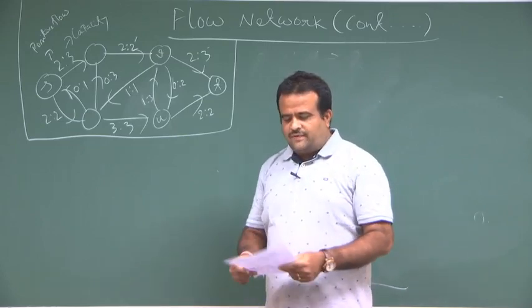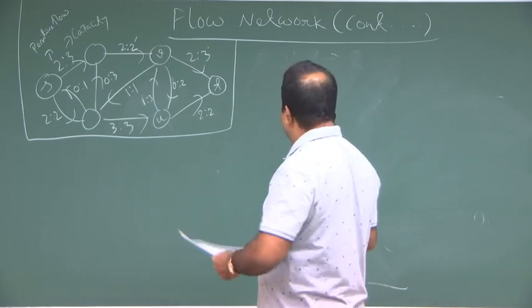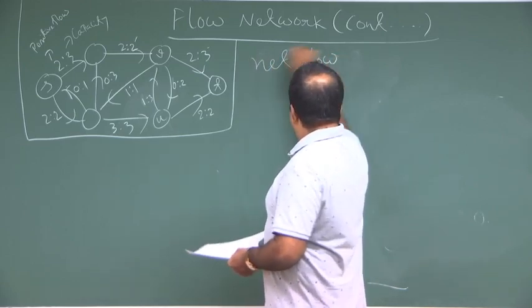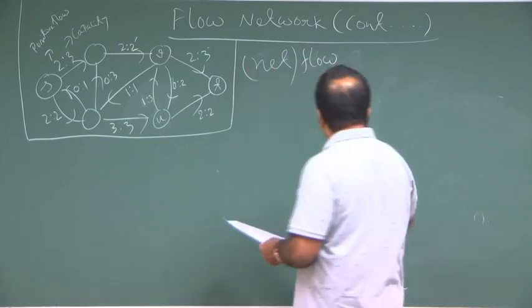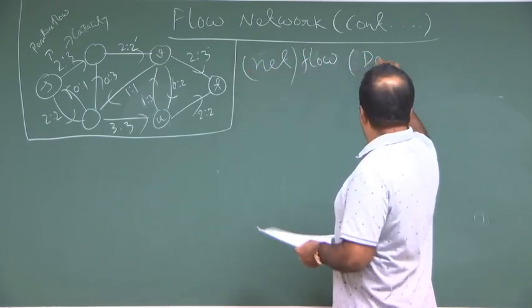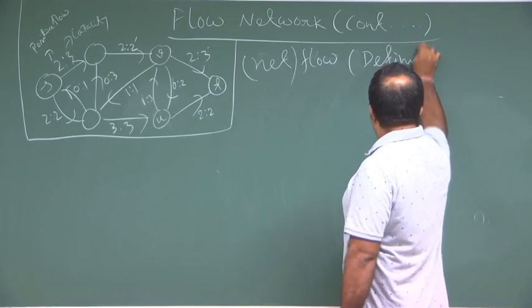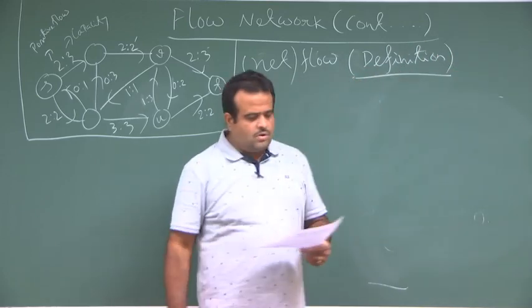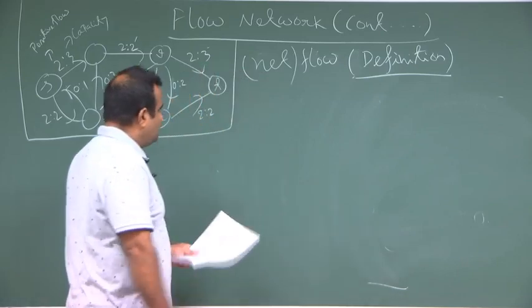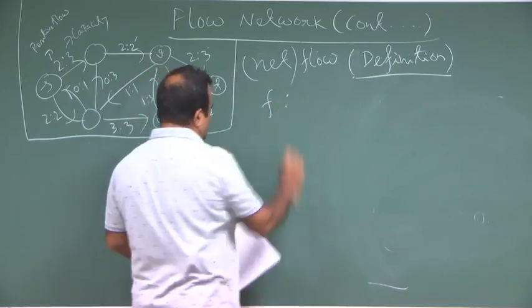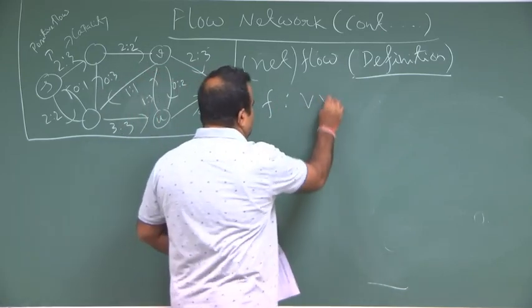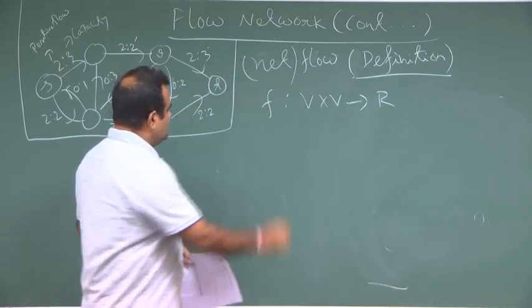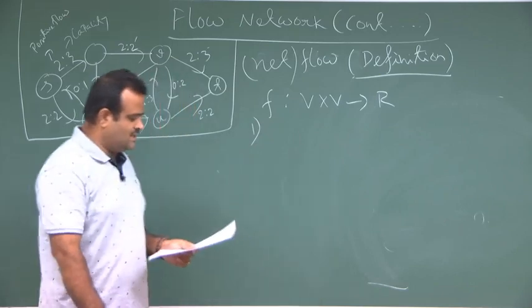So let us define the net flow. Net flow is a function f from V cross V to R such that it satisfies three conditions.